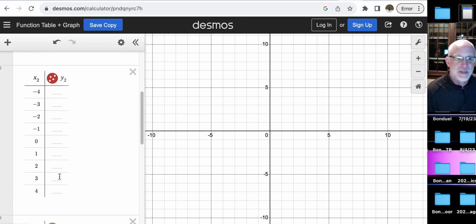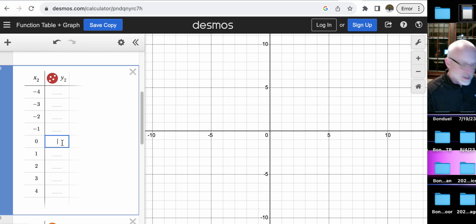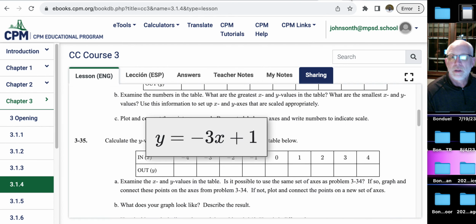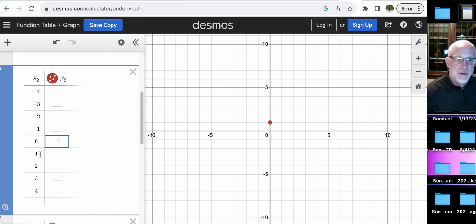Make this one 3 times bigger: 3 times 0 is 0, plus 1 is 1. 3 times 1 is 3, change the sign, negative 3 plus 1 is negative 2. 3 times 2 is 6. Change its sign. Negative 6. Negative 6 plus 1 is negative 5.